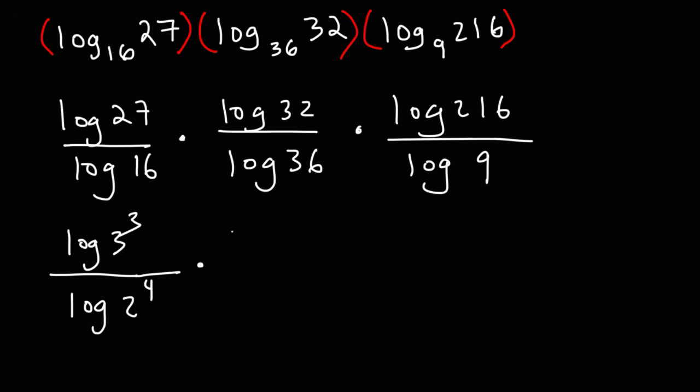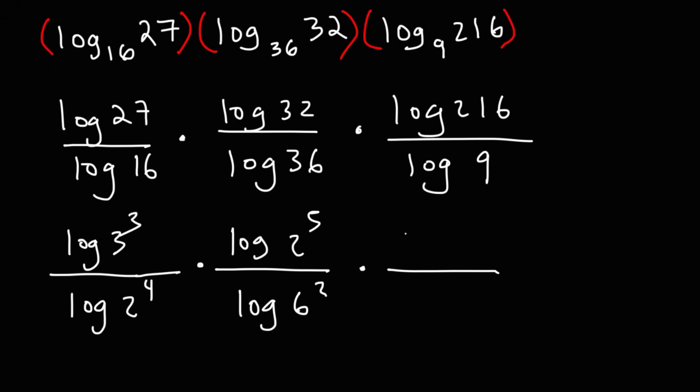What should we change that into? 32 is basically 2 to the fifth power. Multiplying 5 2's will get you to 32. 36, we can convert that into 6 squared. 216 is 6 to the third power. And 9 is 3 squared.